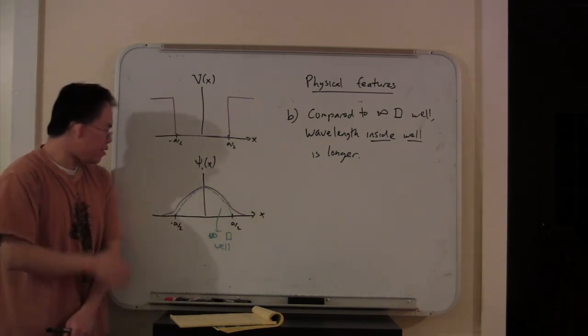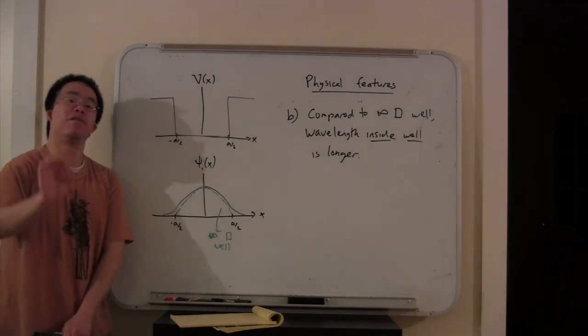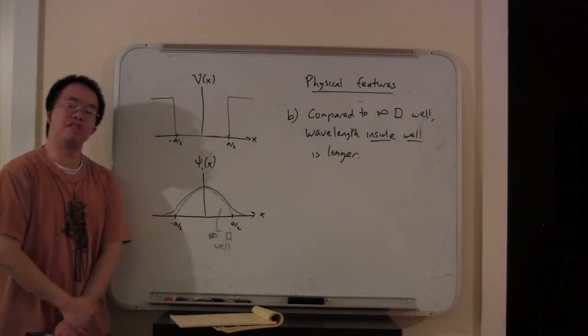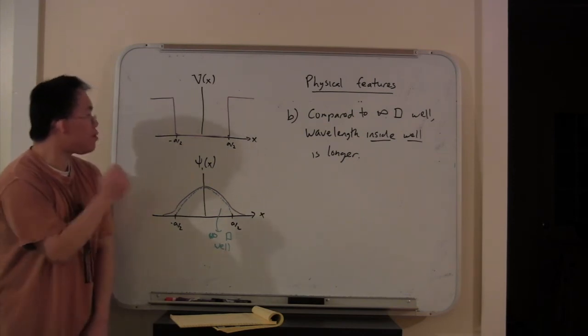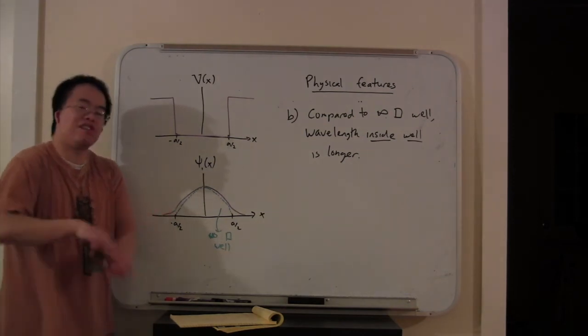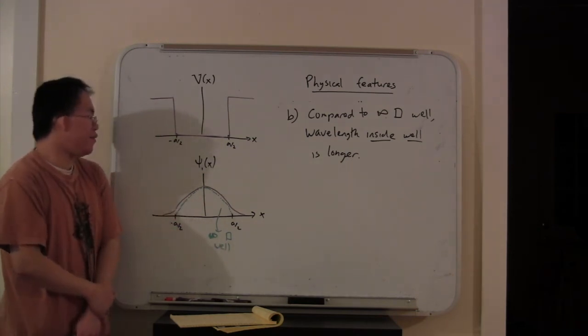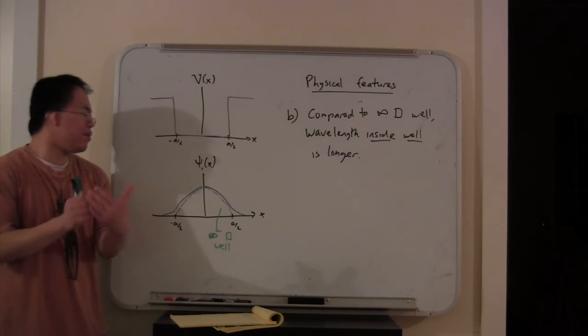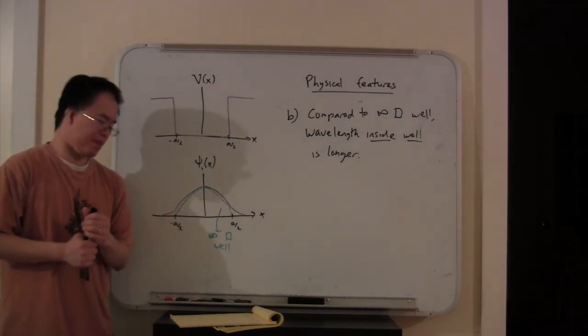And it's probably not quite so apparent for the ground state. It's easier to see for the higher energy eigenfunctions. But because the wave function doesn't quite have to go to 0 at the edges of the well, the wavelength inside the well is just a little bit longer for the finite square well.